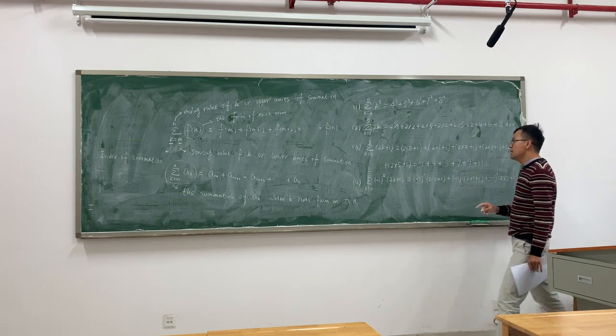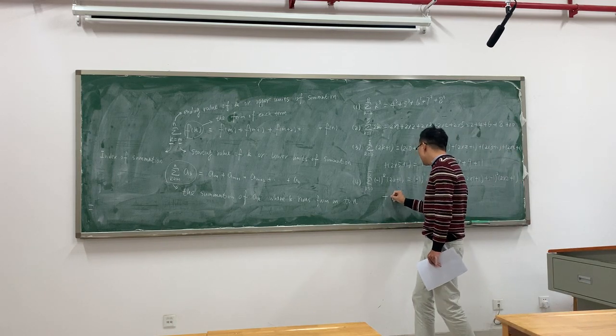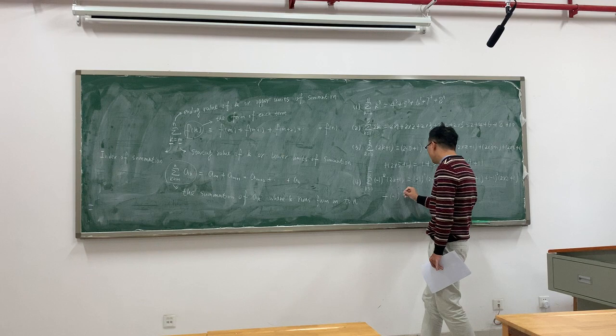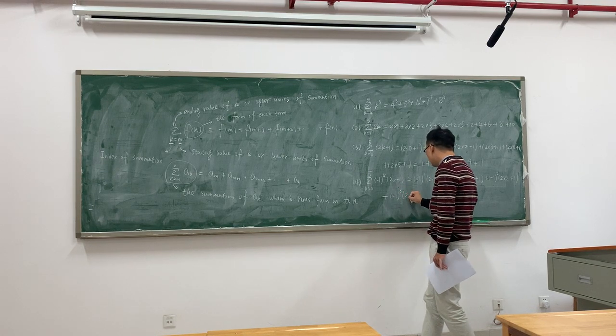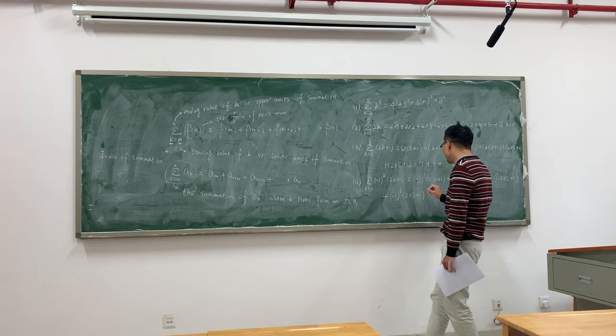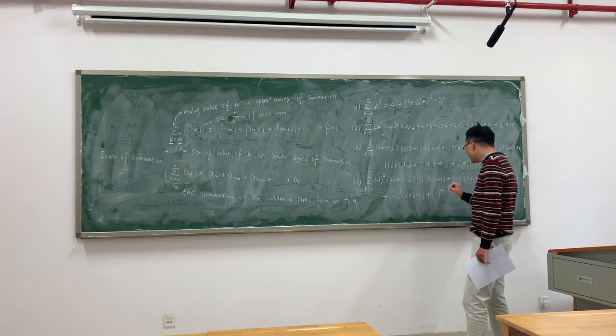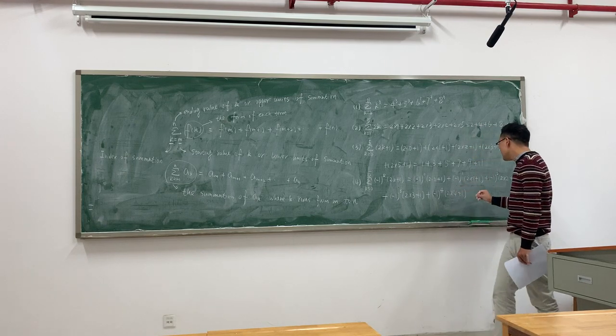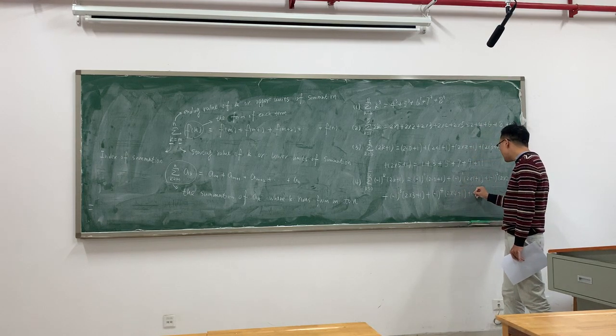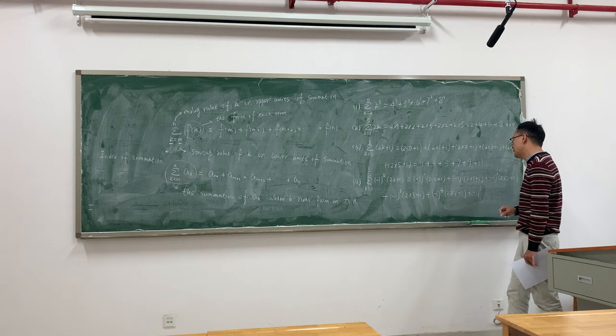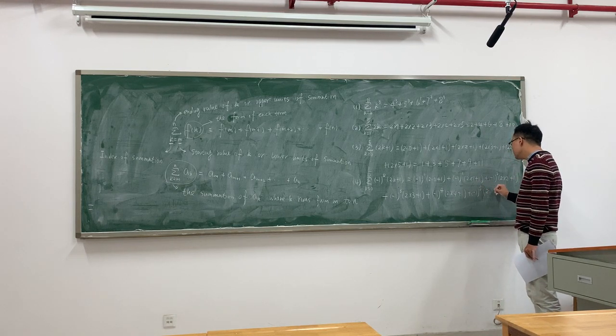Then plus (minus 1) cubed times (2 times 3 plus 1), plus (minus 1) to the fourth power times (2 times 4 plus 1), and plus (minus 1) to the fifth power times (2 times 5 plus 1).